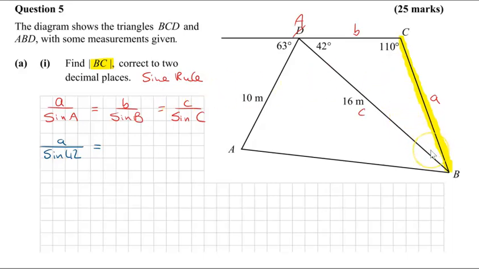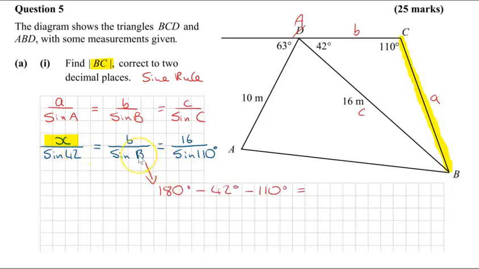We don't know what that angle is, but we can figure it out because we know these two angles here and the three angles in a triangle add up to 180 degrees. So we can replace that with the angle if we want to. And then lowercase c is 16. And then sine capital C, so for angle C, is 110 degrees. So sine 110 degrees. So I'm going to call this X. You could leave it as a if you want, but I like to call it X.